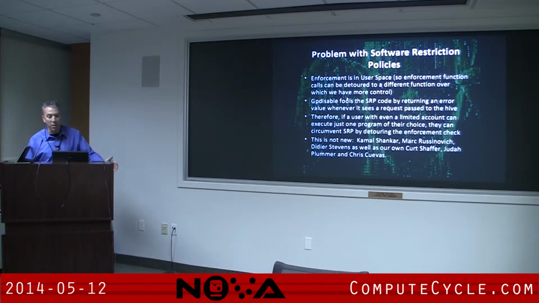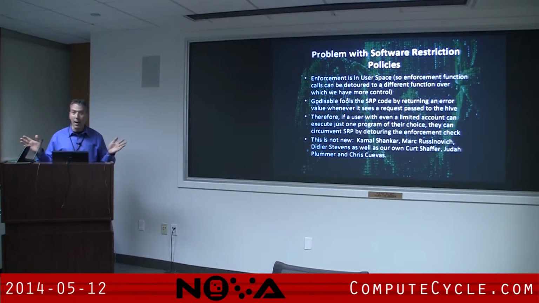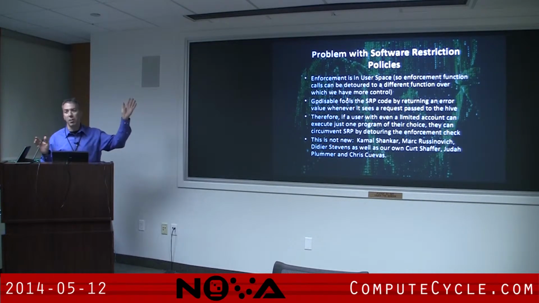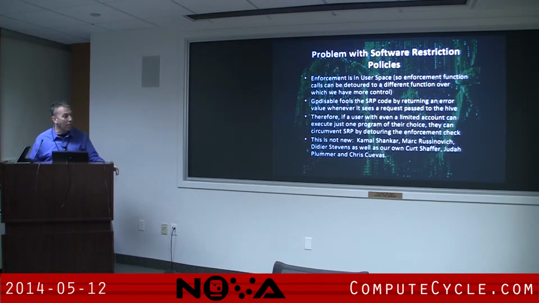So a user with even a limited account who can execute their own code in any way effectively can completely bypass the software restriction policies. Give me any one type of code that I can execute. It could be Java, it could be VB, the ability to execute pretty much anything, Office macro, and I'll be able to execute the code which is going to bypass the software restriction policies.